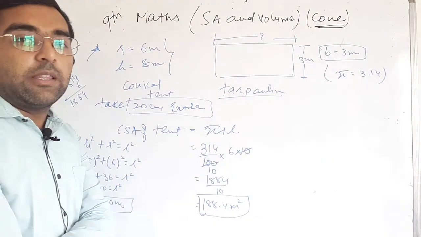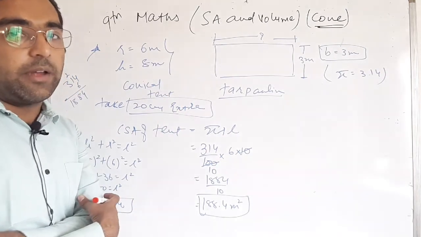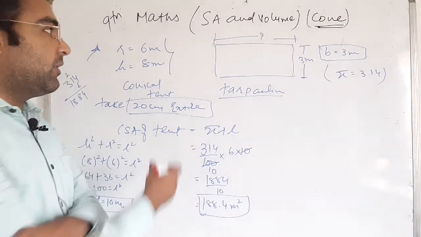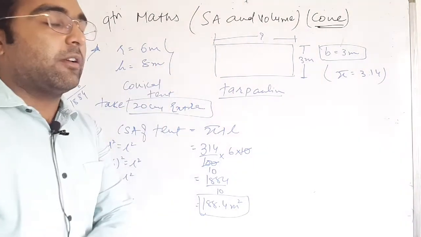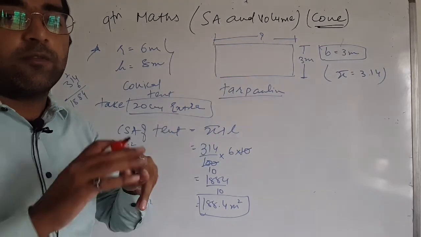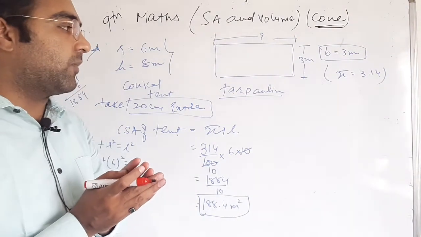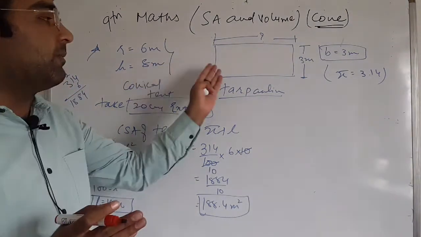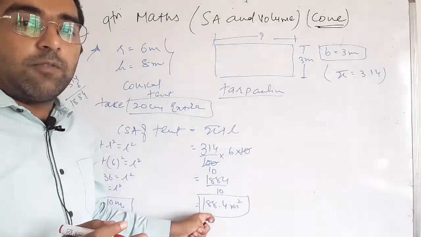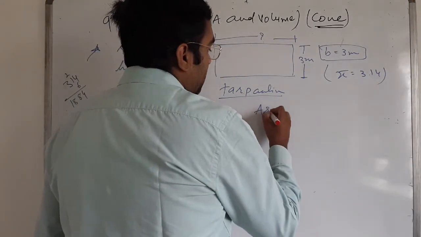Now we must find the length of the tarpaulin required. Whenever we make a tent, the area of the tent must be equal to the area of the tarpaulin, because the tent is made from the tarpaulin.